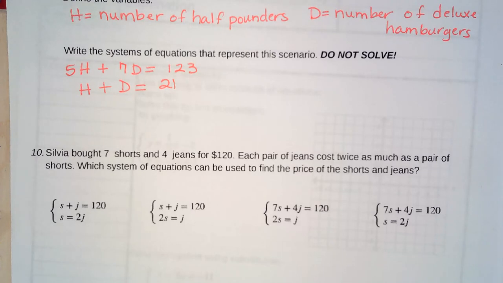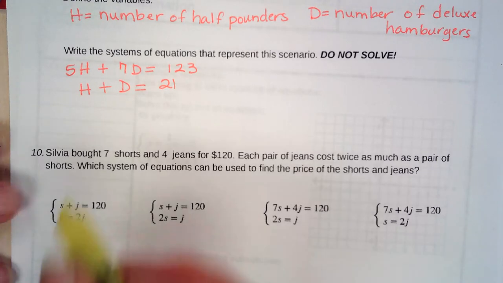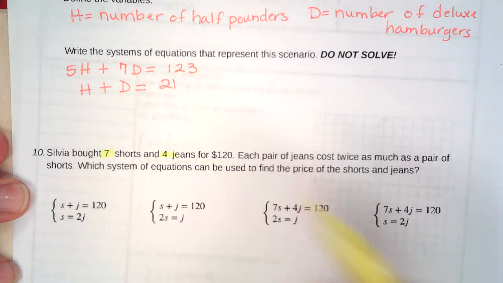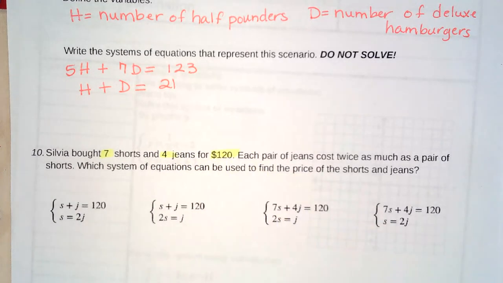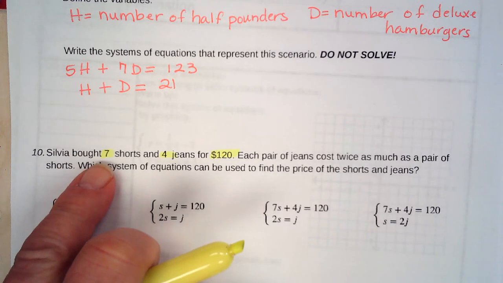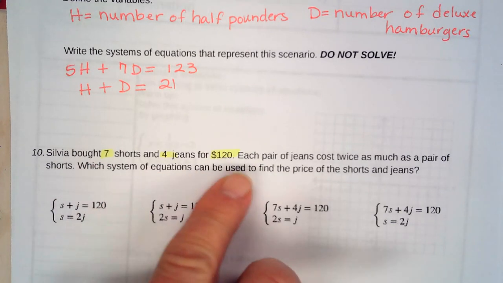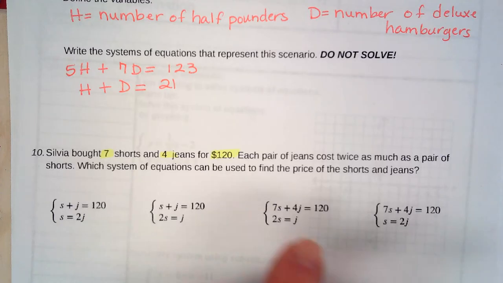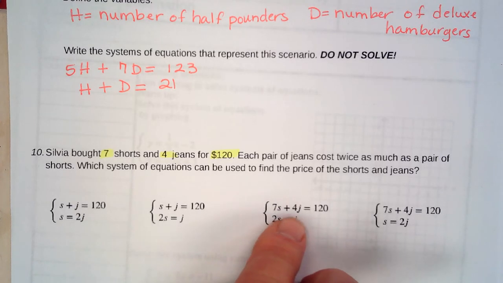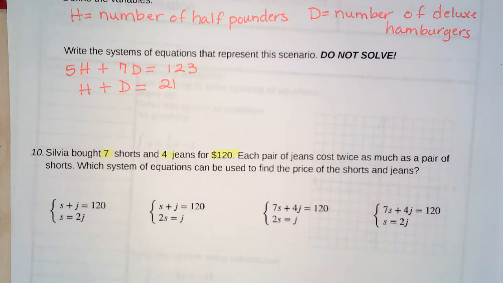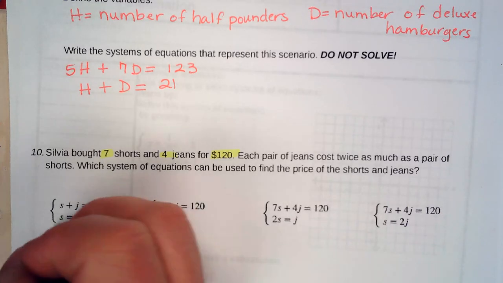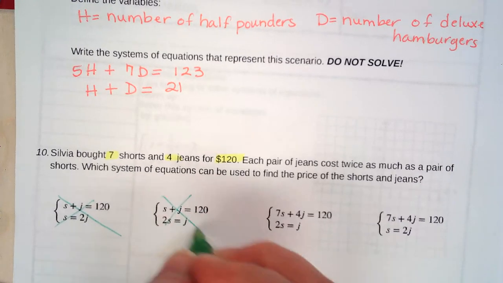So if you're looking at this, she bought 7 shorts and 4 jeans for $120. So 7 times something plus 4 times something gives me 120. 7S plus 4J equals 120. So I know immediately the first two do not work.